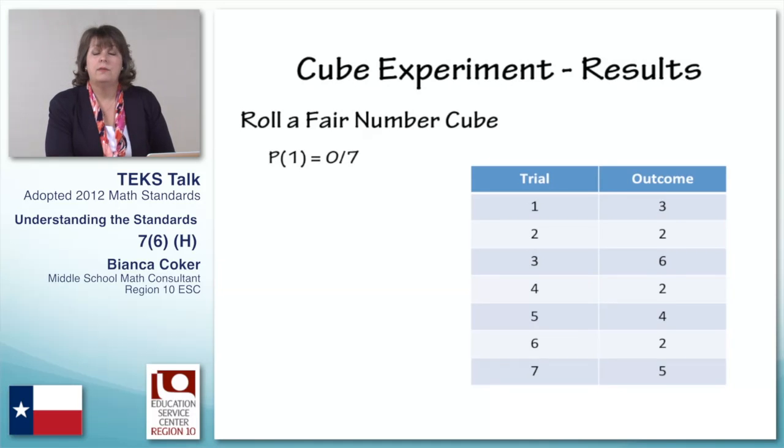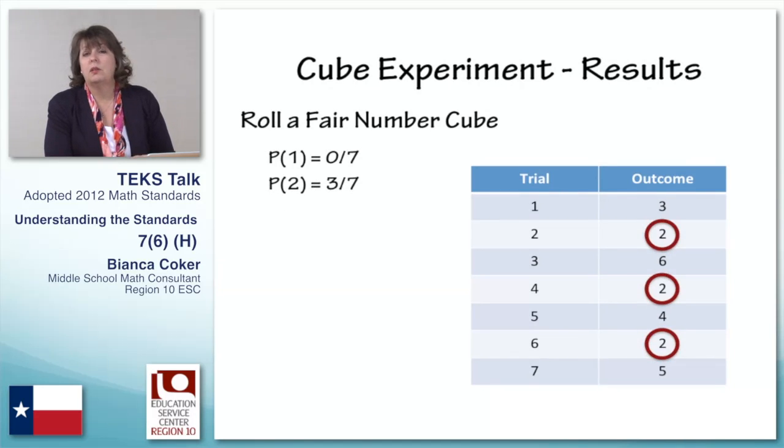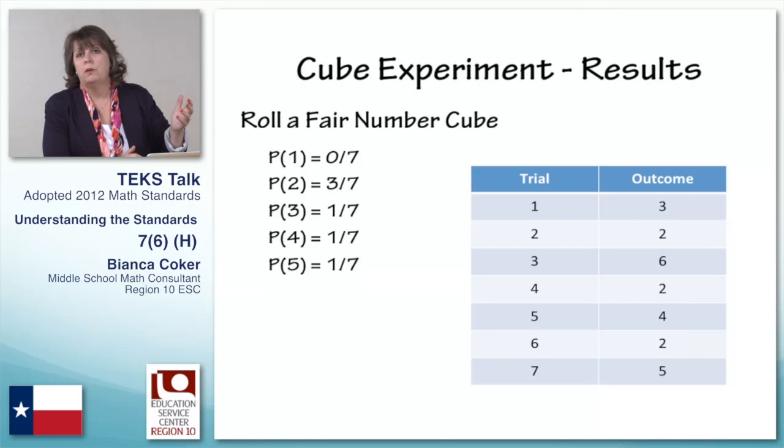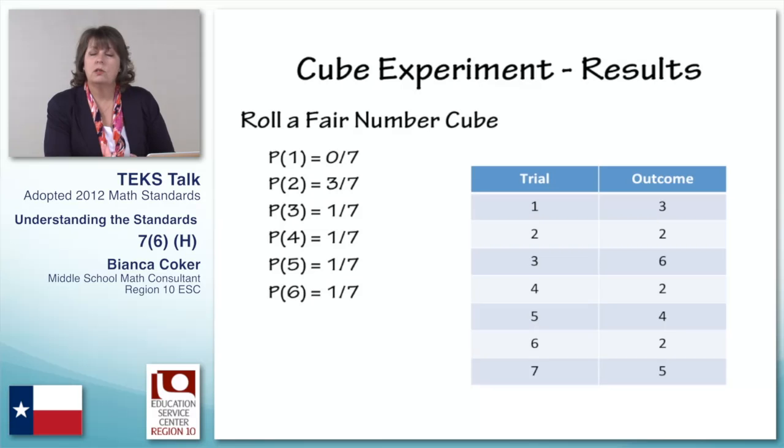The probability of 2 showing on our fair number cube happened 3 out of 7 trials, so that probability is 3/7. And for the rest of the numbers, 3, 4, 5, and 6, those occurred 1 trial out of 7, so the experimental probability is 1/7.